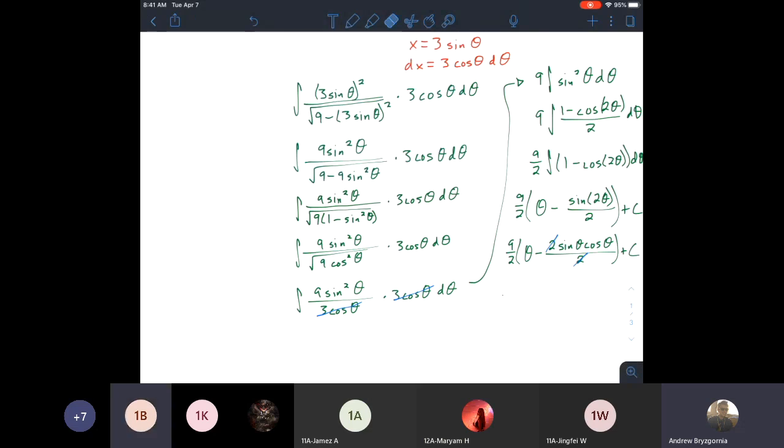So I made a comment earlier about how we are going to need a reference triangle. That's the terminology that the Thomas book uses. So we're going to make a right triangle, and the parts of my right triangle are going to be determined by this x equals 3 sine theta.